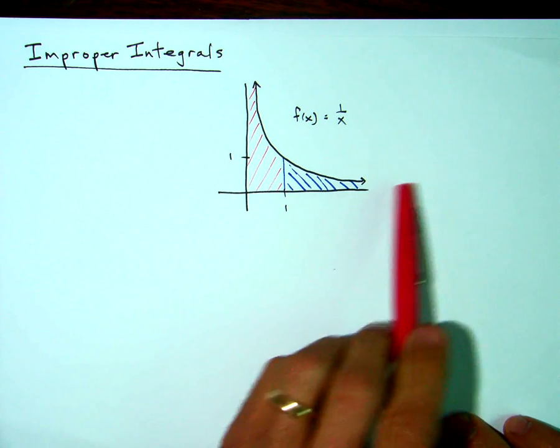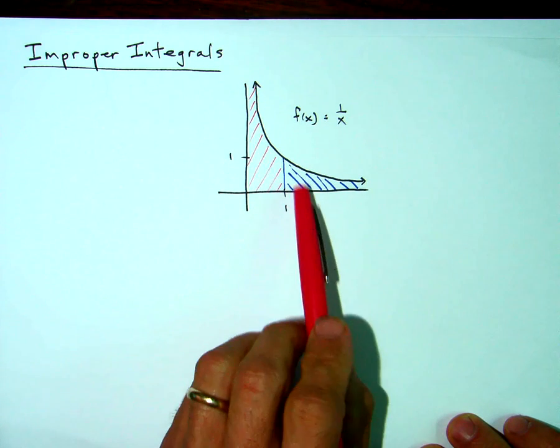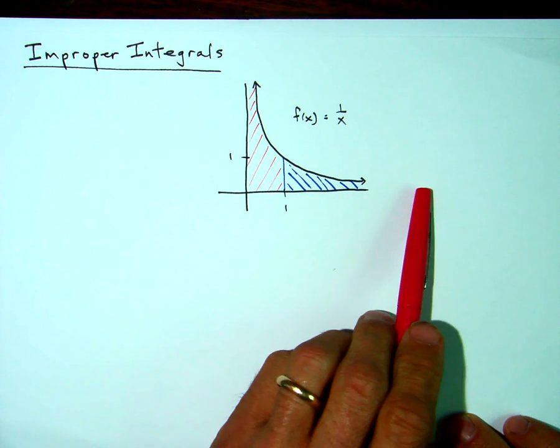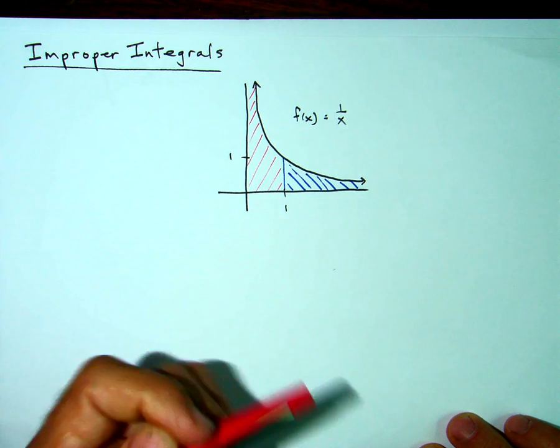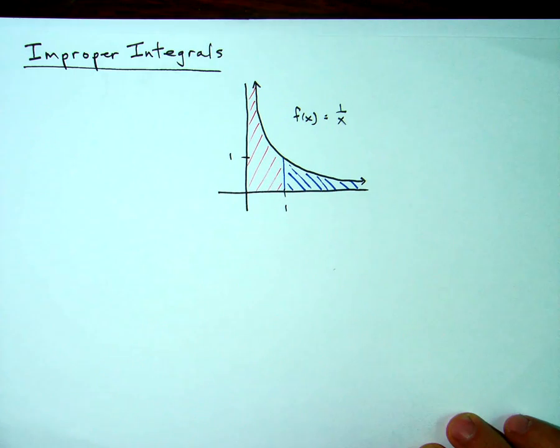And again, the question is: is the area there finite or infinite? Our intuition might say, well, if the length of the interval is infinite, then the area must be infinite, so why are we even having this discussion? But actually, that's not true in many cases. In many cases, we can integrate over an infinite interval and still end up with a finite area, which is a little mind-boggling, really.